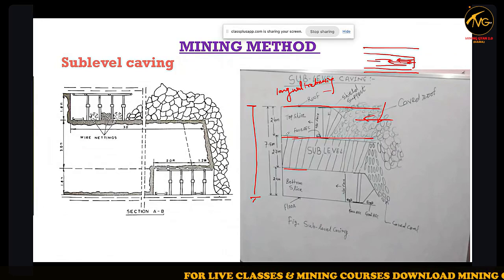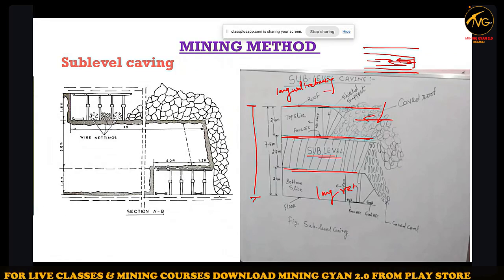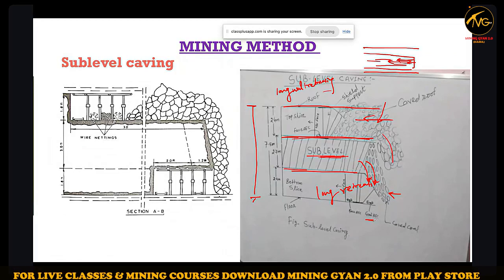The second slice we will not touch. The sub level we will not touch. And in the bottom we will also use long wall retreating. So when we retreat, this coal, because this is soft coal, will break. So we are using here a GOF AFC, that is, a conveyor. So we will use the GOF AFC to transport this coal.